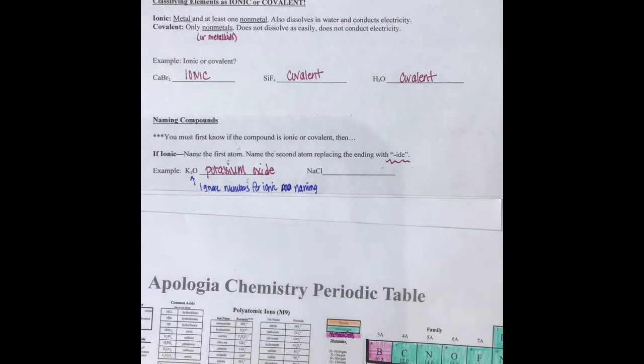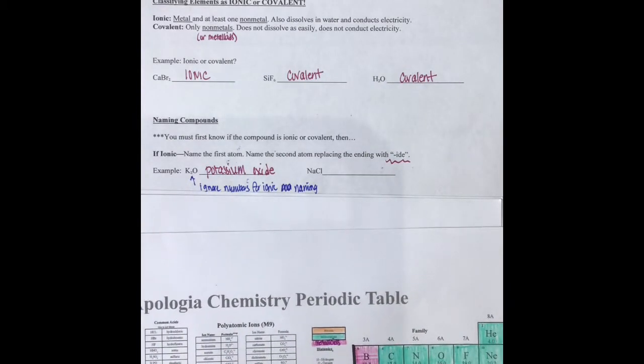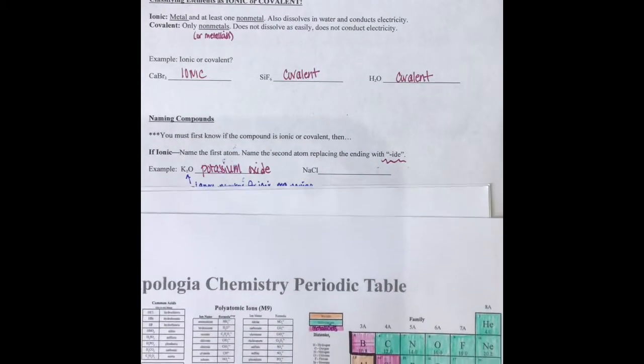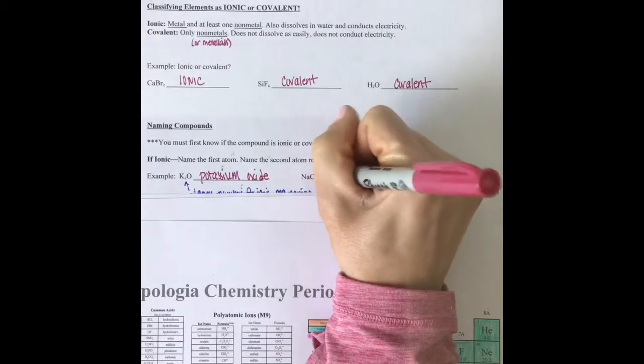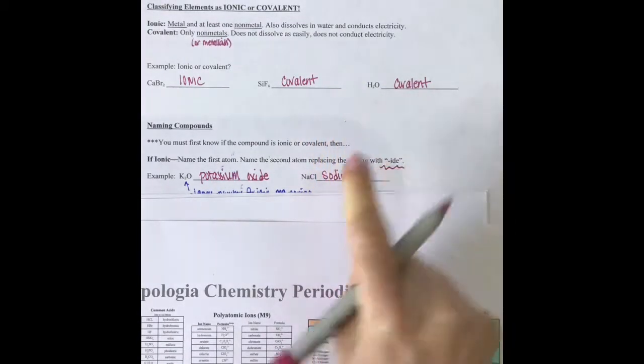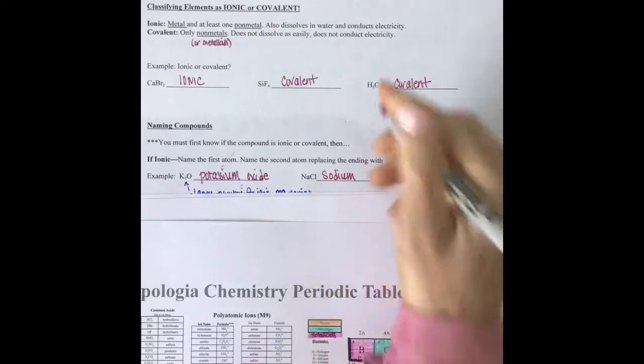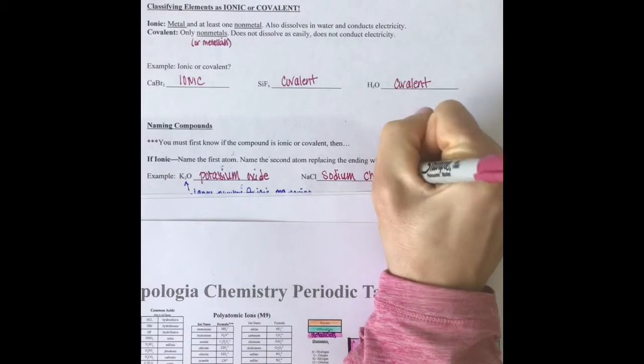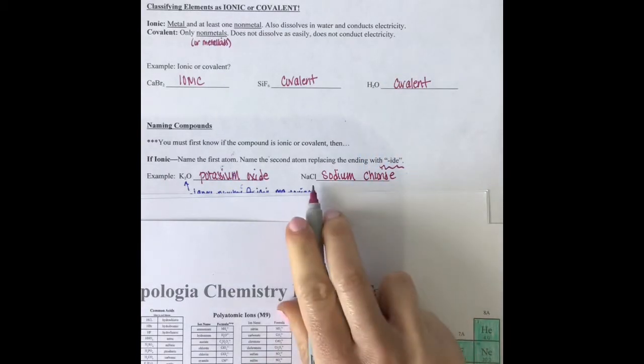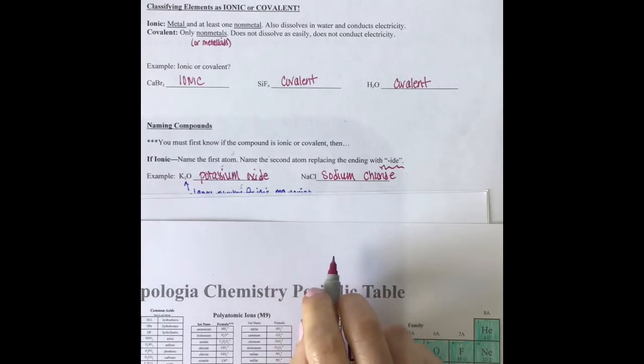All right, you try the next one. Leave the first word alone. Add "ide" to your second element, sodium chloride. Ionic are pretty simple.